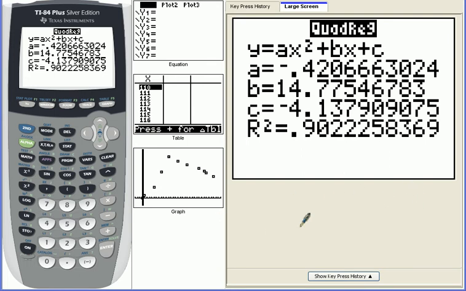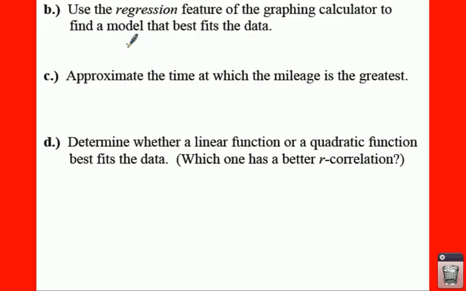So this is your equation, and notice that your a is negative. If a is negative, it does not mean that your graph is going to be opening down. So there is your equation. So let's put this in for part B here. So we got y equals negative 0.42x squared plus 14.78x minus 4.14.